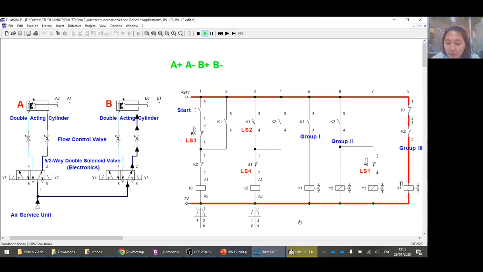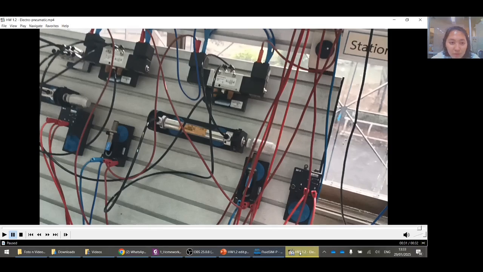Then I will show the video, but this video is not for the signal flow A plus, A minus, B plus, B minus, but the flow is A plus, B plus, B minus, and A minus.